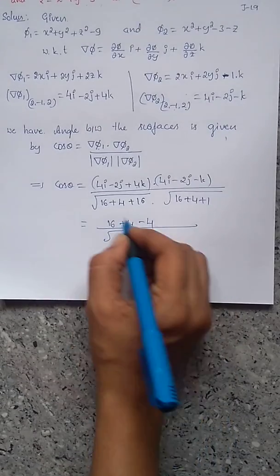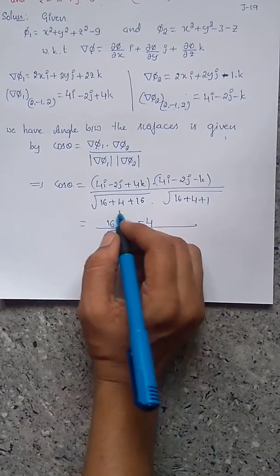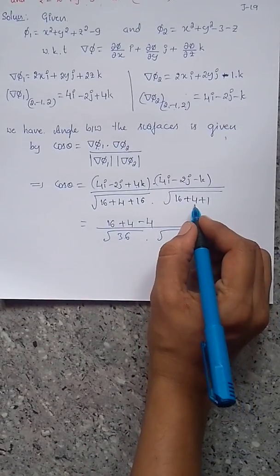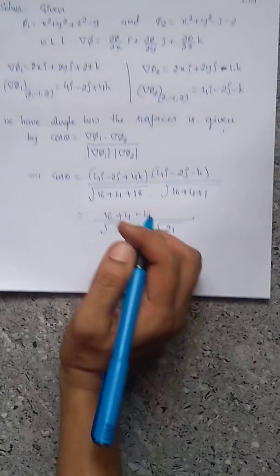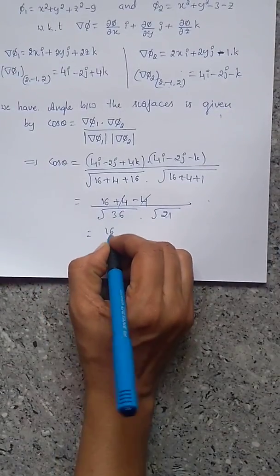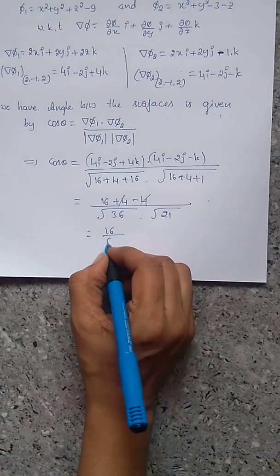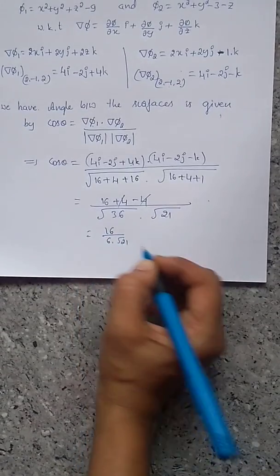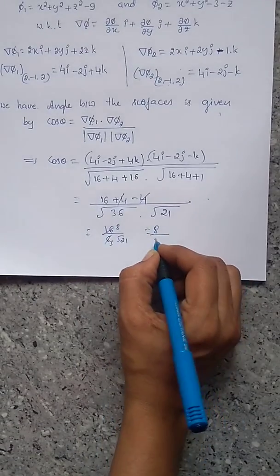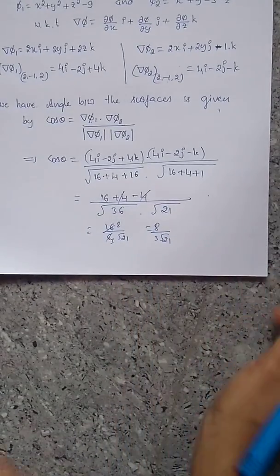The denominator is the square root of 36 times the square root of 21. Further simplification gives 16 by root 36, which is 6, times root 21, so cos theta is 8 by 3 root 21.